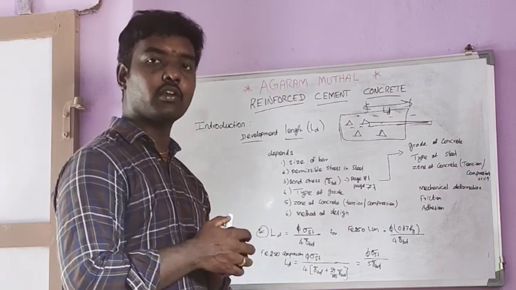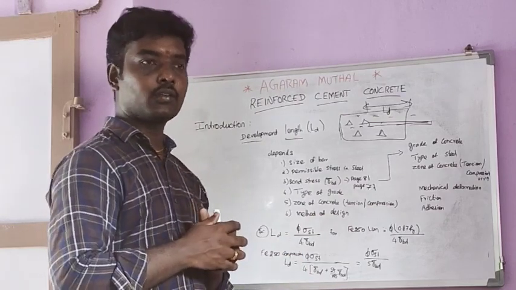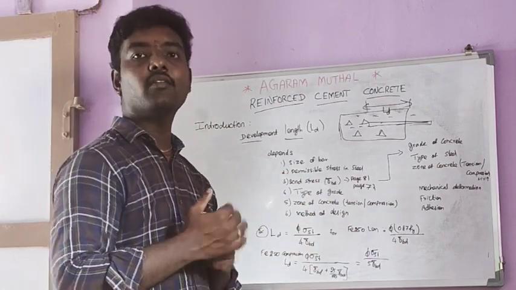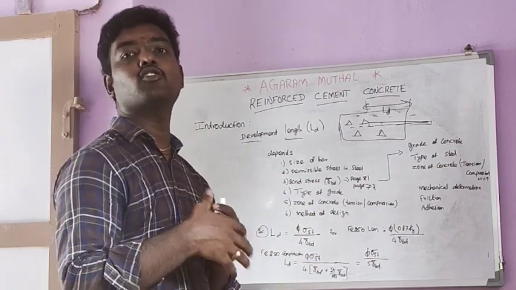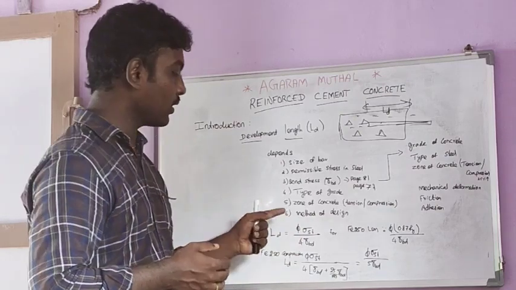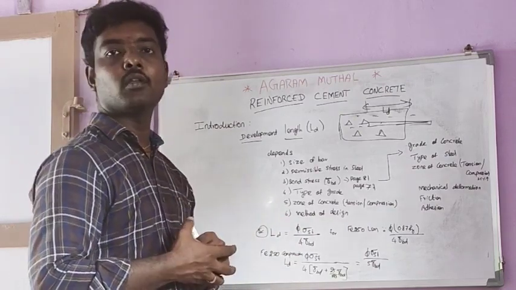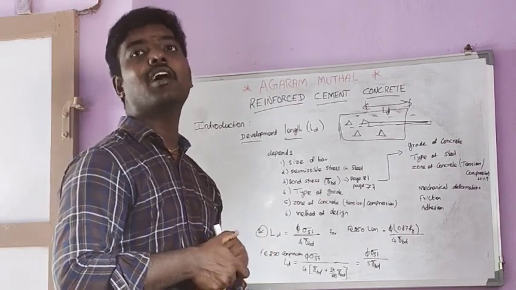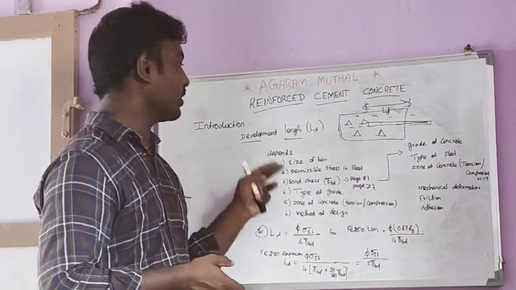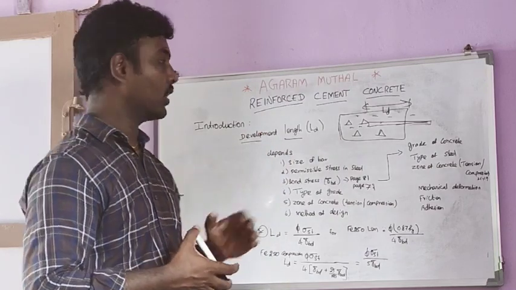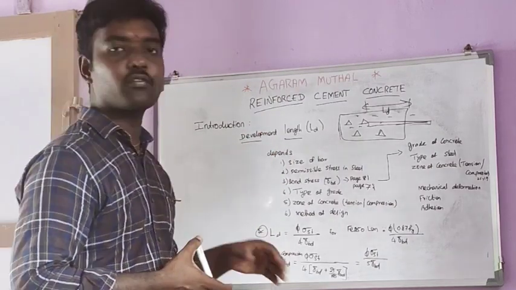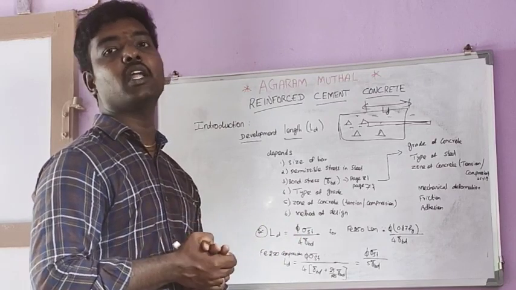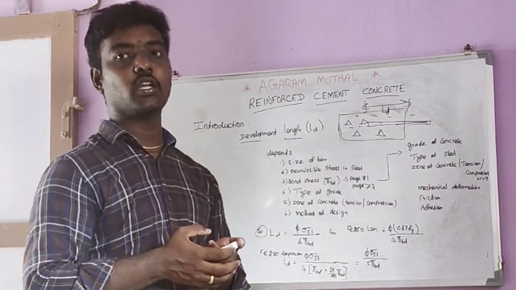If it is tensile zone, the length should be smaller. If it is compression zone, the length should be larger. And the last one, method of design, whether we are going for the working stress method or the limit state method. Based on that, we provide the development length. All these six factors are used to specify the development length in a particular structural element.